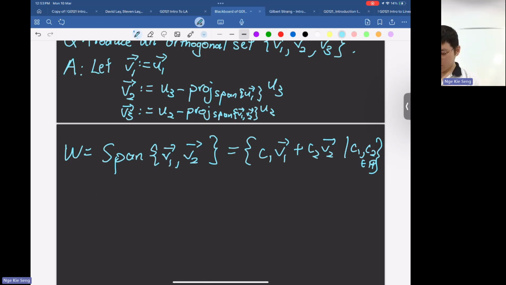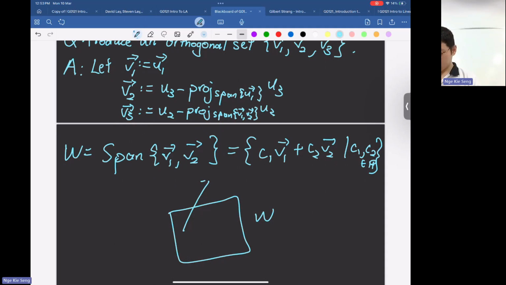So let's call it W. If you think of these two vectors as a plane, then we project U2 into this plane here. Like this. Is this what you want?